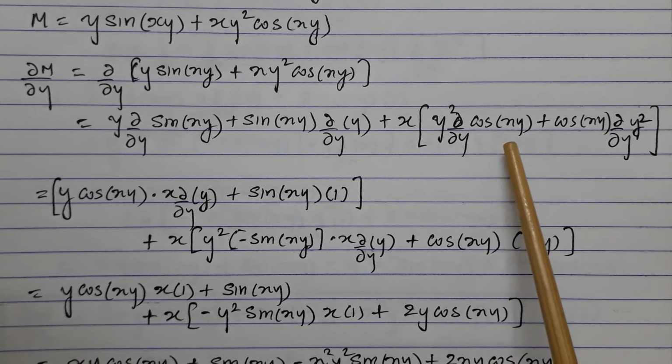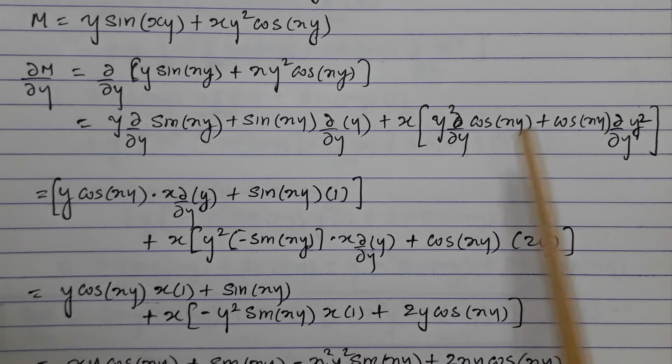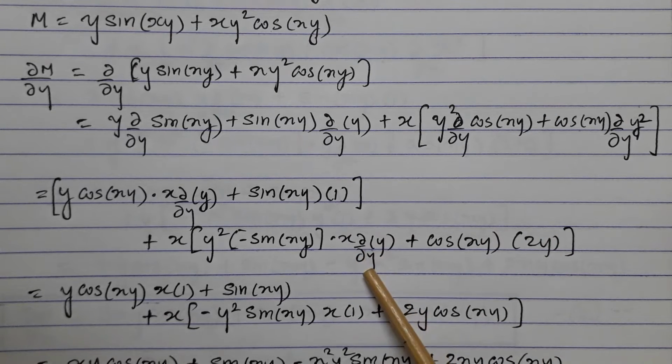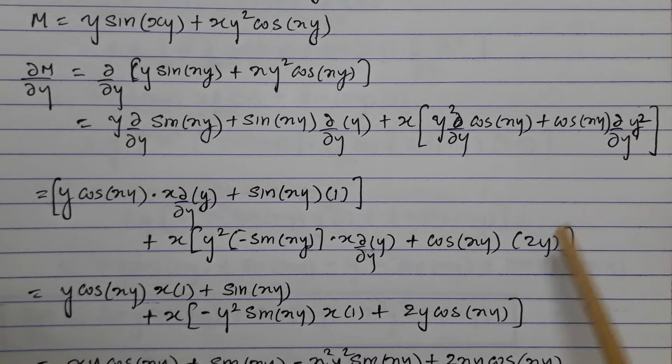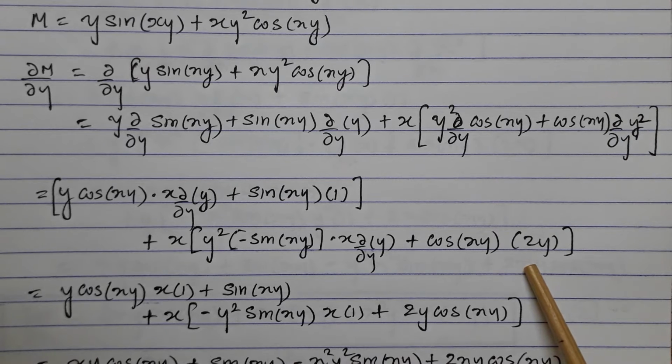Now we'll have to treat x as a constant. So this would be x ∂/∂y of y, plus cos xy, and ∂/∂y of y² would be 2y.